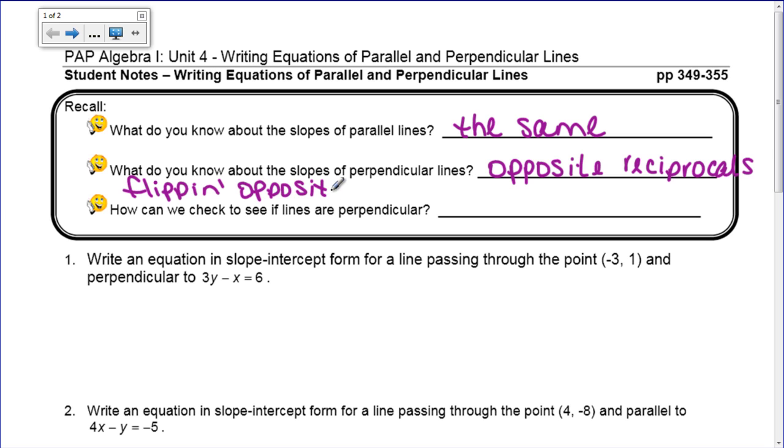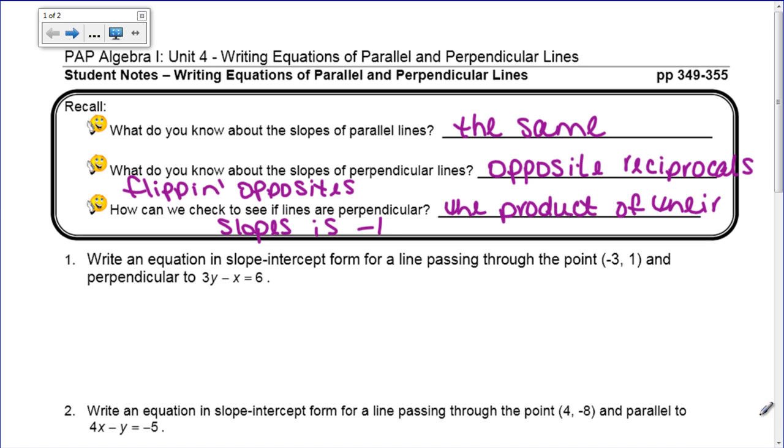So you got to flip them over and change the sign. And if you want to check to make sure lines are perpendicular, then multiply their slopes and that equals -1. So the product of their slopes is -1. If you multiply them together, it'll always equal -1.